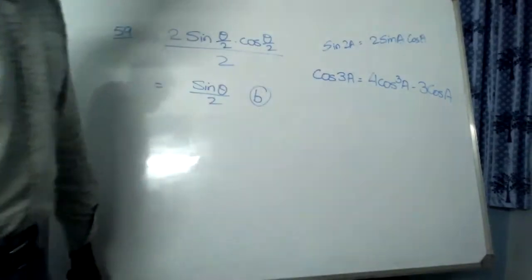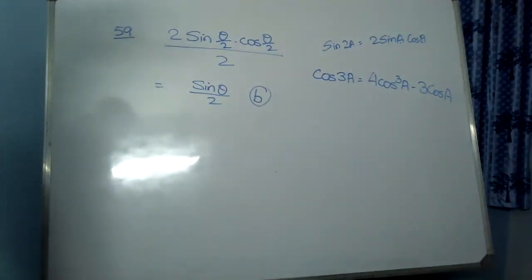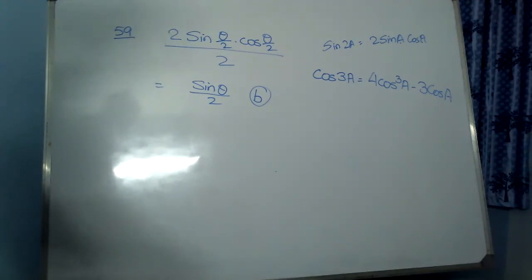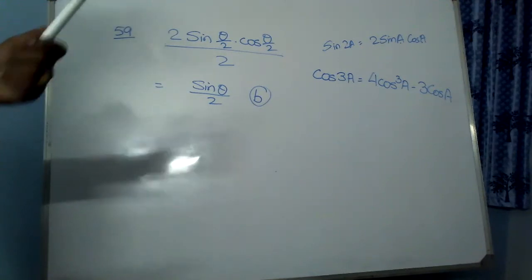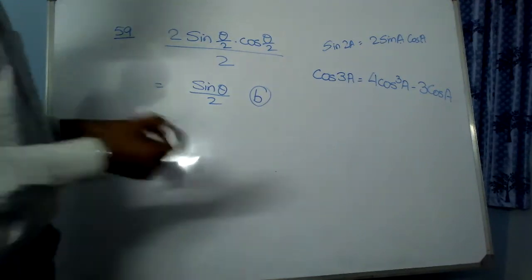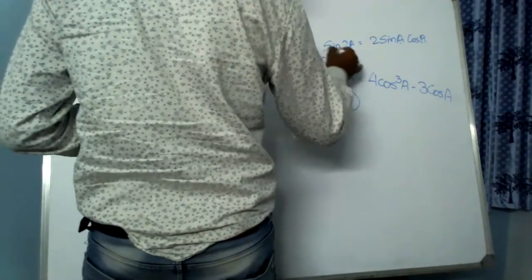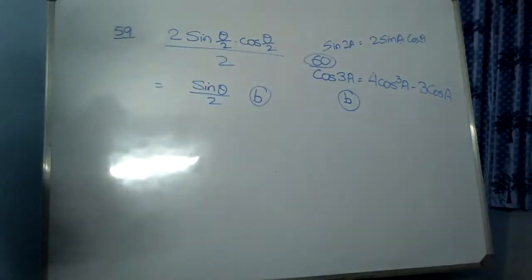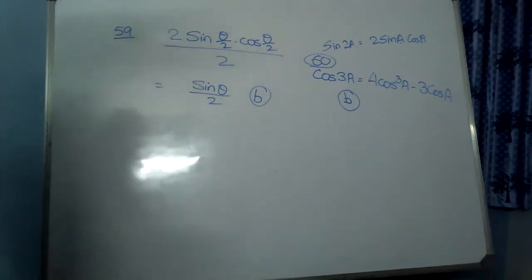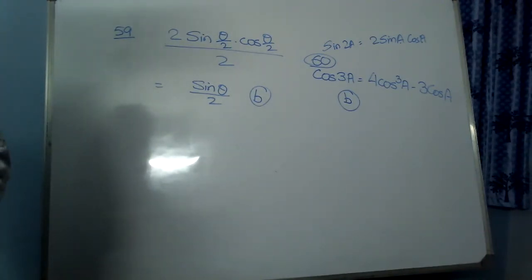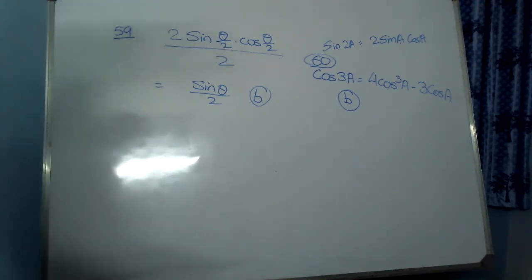This is the formula for cos 3a. So which option matches this? Okay, they have taken cos a out, I guess. If you take cos a out, it will give me 4 cos square a minus 3. That is your option B. So question number 60 also done. Right? Any doubt here?